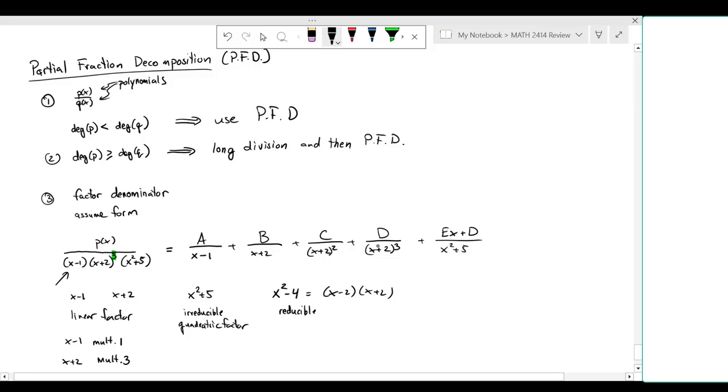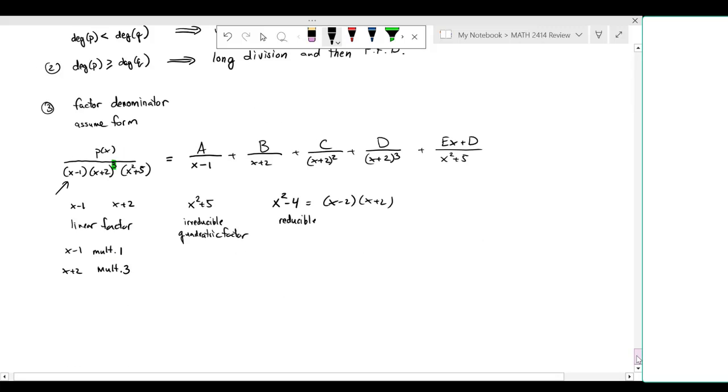Okay, so that's just a reminder. And what if we had x squared plus 5 squared, so that irreducible quadratic factor has multiplicity 2? Well, again, you just write out the factors all the way through the multiplicity. So x squared plus 5 has multiplicity 2.